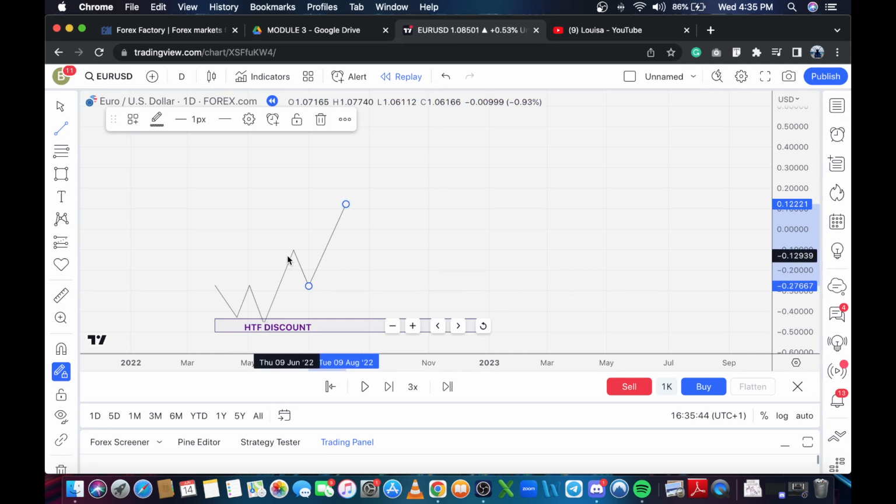If you look at the classic retail textbook, they talk about the A to B, C to D extension levels, and this is where it comes from, because the algo will a lot of times make almost the same leg in price in terms of pips. So it makes one leg higher, and once it's done with the retracement, it'll make the equivalent and make another leg higher, and usually that'll be the 200 Fibonacci extension level.